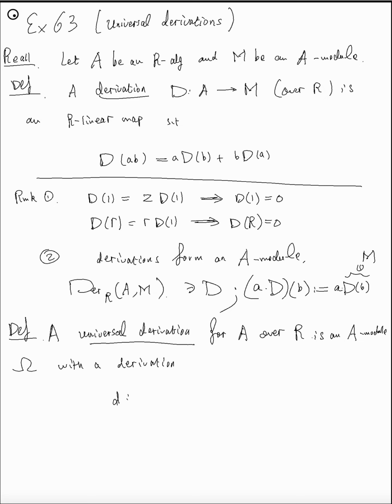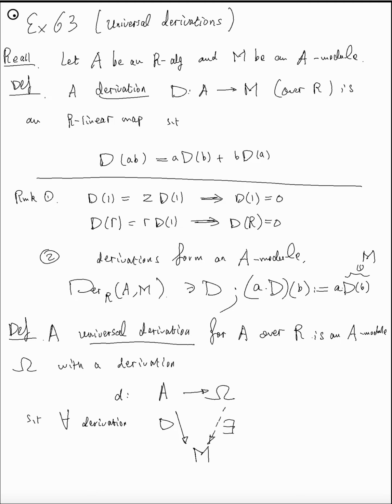Let's denote this module omega, this derivation small d from A to omega, such that, of course there is a universal property, basically any derivation will factor through this. For any derivation, let's use D again from A to M, so M will be some A module again.